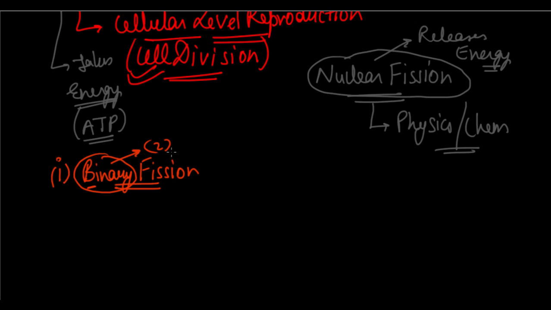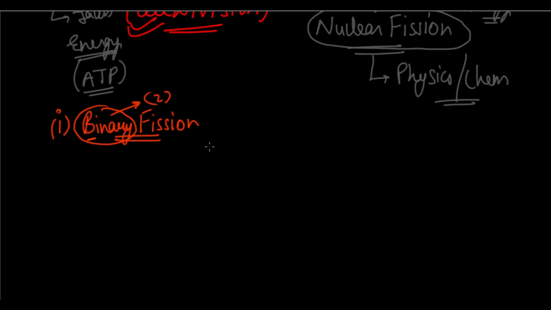So the division of a cell into two daughter cells is called binary fission, right? Division into two daughter cells.